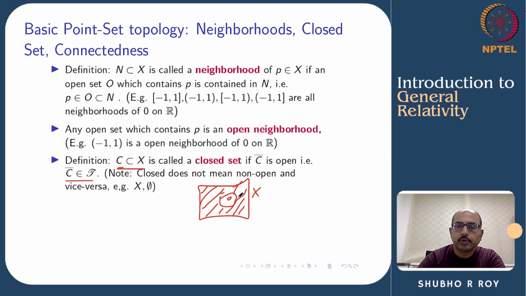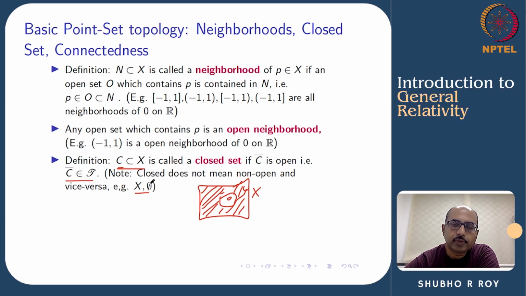All the shaded region will be C, and this is O. From this diagram, you might get the impression that closed always means non-open, but that is not the case. The prominent exceptions are the full set and the null set. If you look at the full set, its complement is the null set, which is also an open set. So X is a closed set as well as an open set.